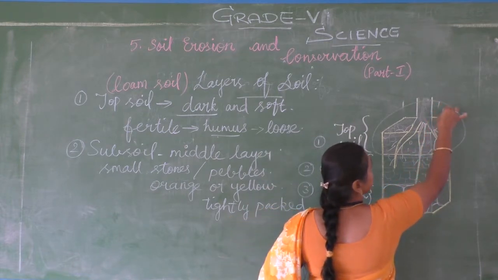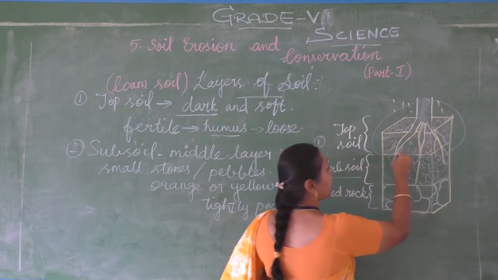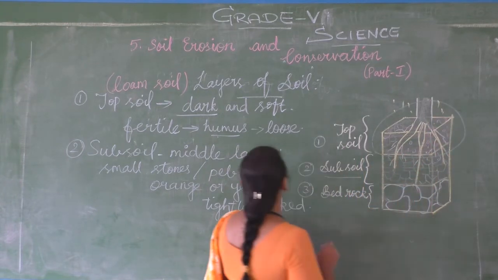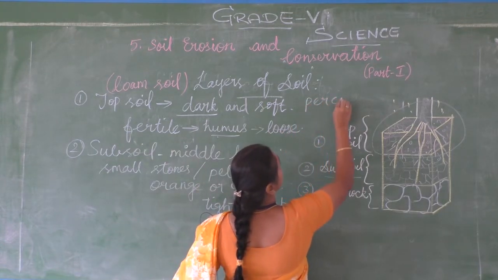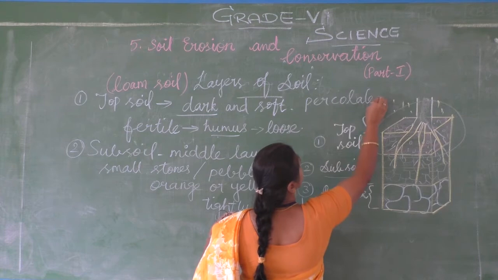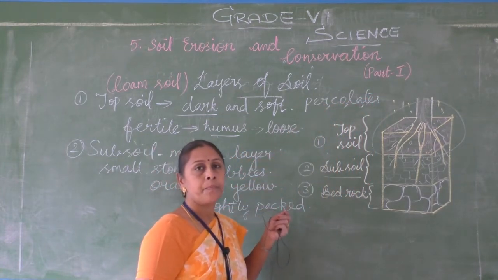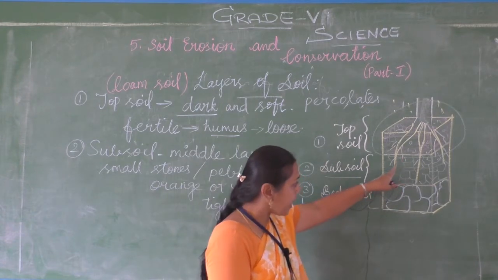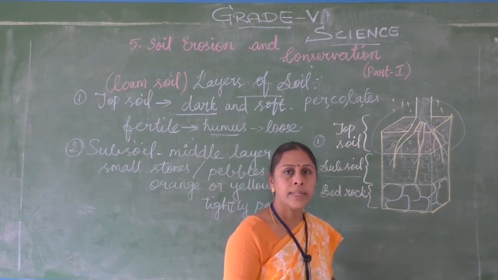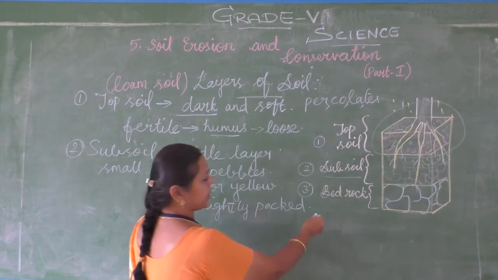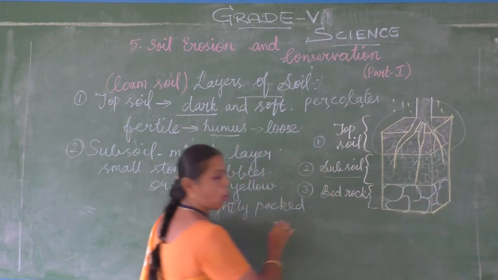Here the raindrops will fall, and they will enter the top layer and percolate. Percolate means entering. Rainwater enters through this subsoil. Understand?